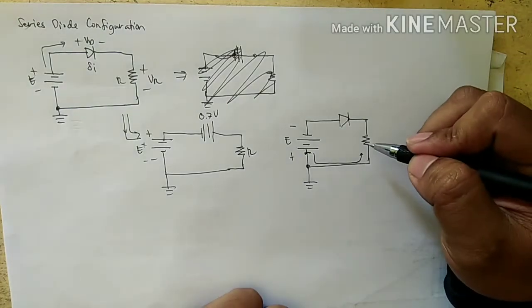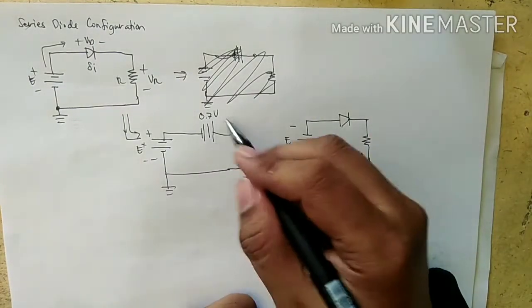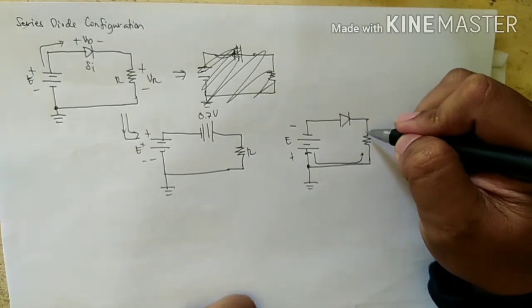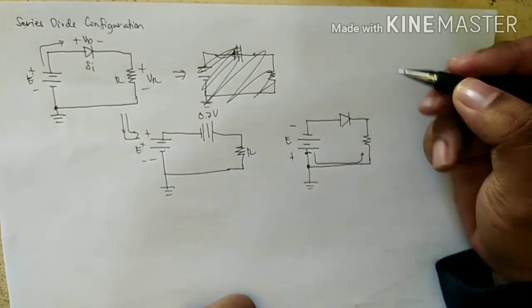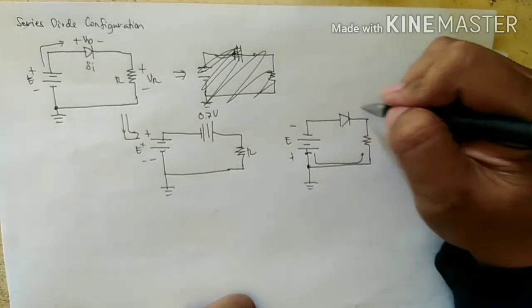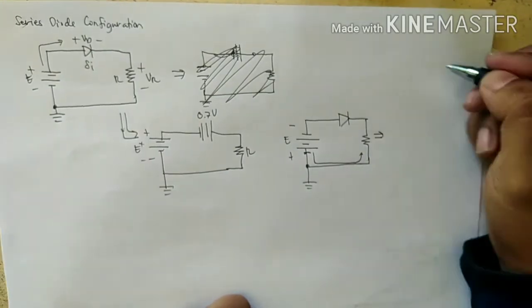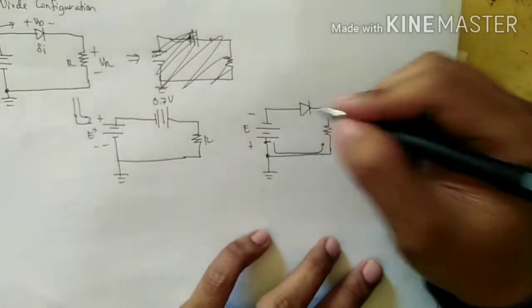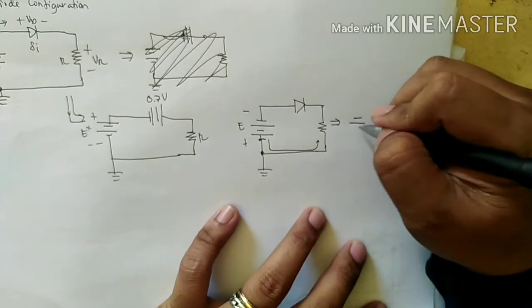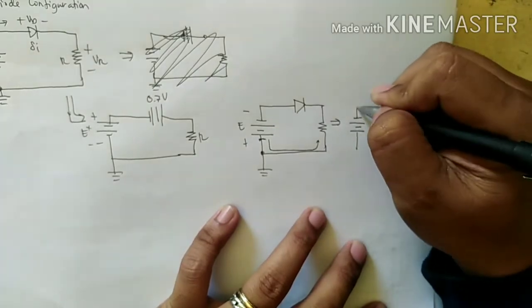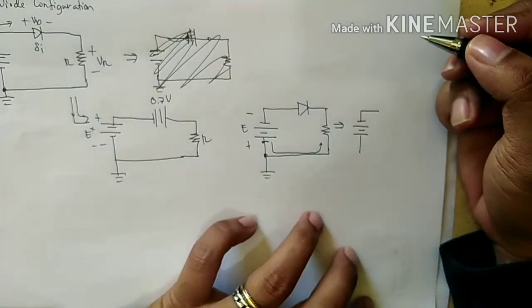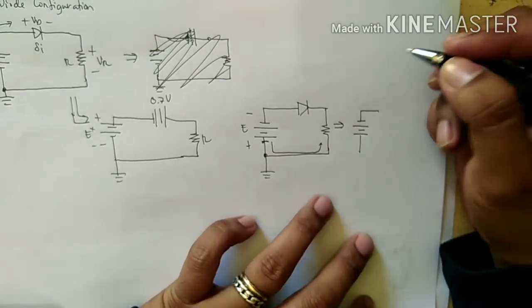As you can see, our diode is not forward biased. Since it is reversed, our diode is at reverse bias. If you remember in our topic, if the diode is at reverse bias, it turns off. If it turns off, it will not allow current to flow.